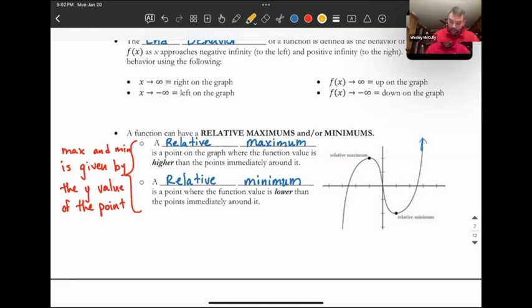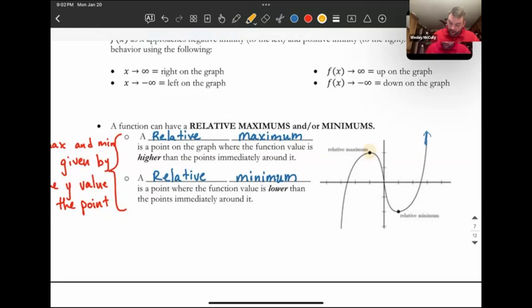So as you can see on the graph, we have a relative maximum because the points directly to the left and right are lower than the point that is labeled relative maximum. We also have a relative minimum point on the graph because the points directly to the left and right of that point are both higher than the point labeled relative minimum.